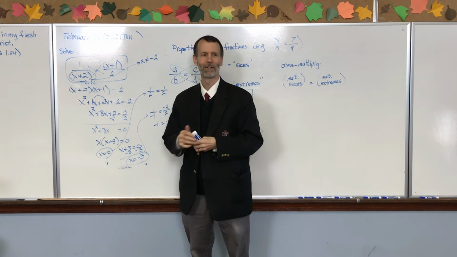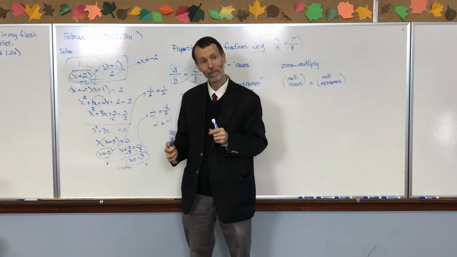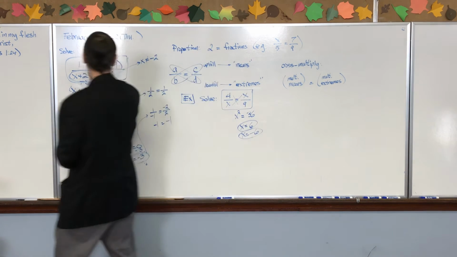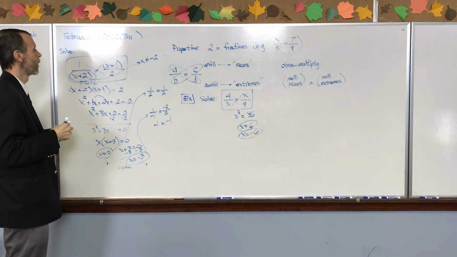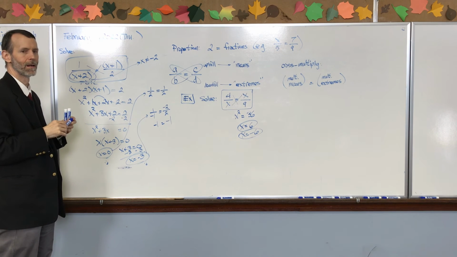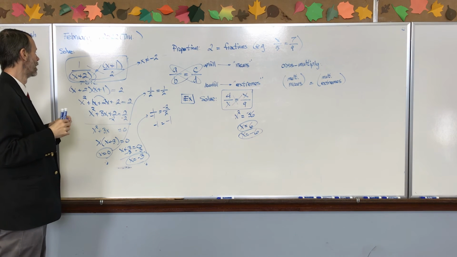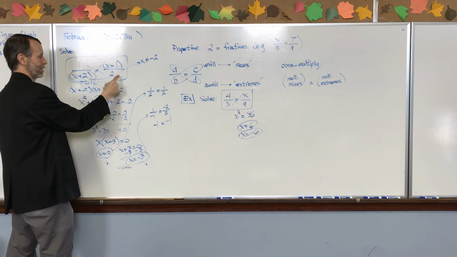How do you do the downhill thing? Not the cross multiply, but the other one. Well, the only two things I multiplied are this diagonal, 1 times 2, and that's here.